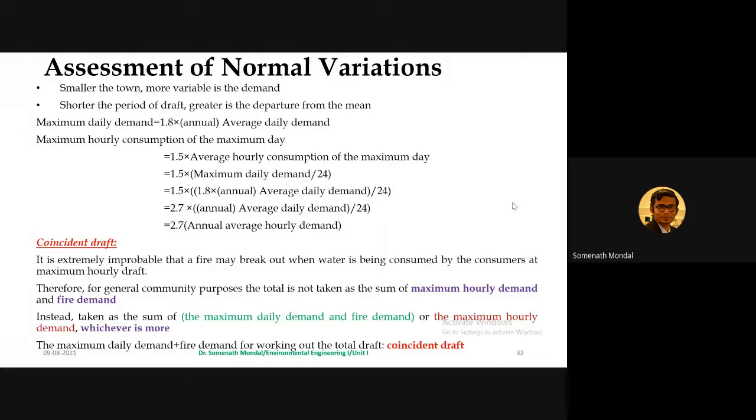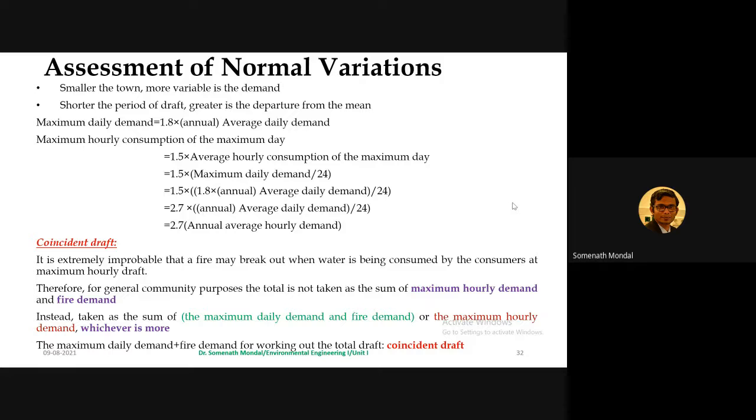Now, as I mentioned, maximum daily consumption is basically 1.8 into average daily demand, which is also denoted as small q. On the other hand, maximum hourly consumption of the maximum day is known as peak demand. Maximum hourly consumption of the maximum day. Just try to understand, this maximum daily demand is basically average daily demand into 1.8.